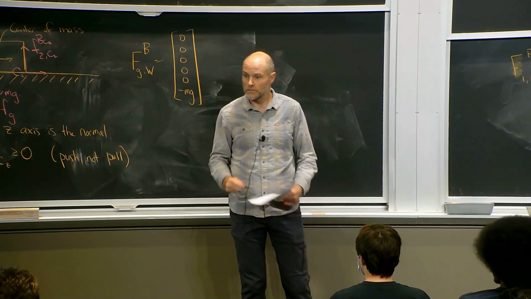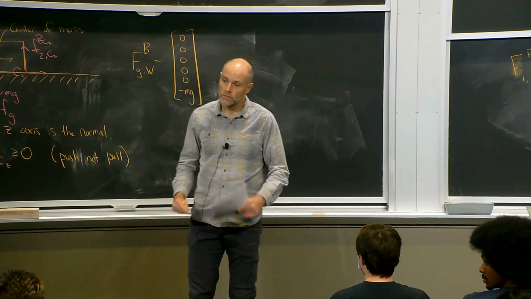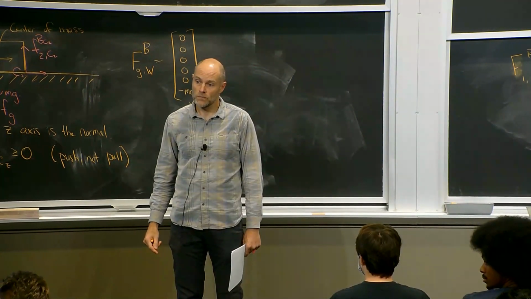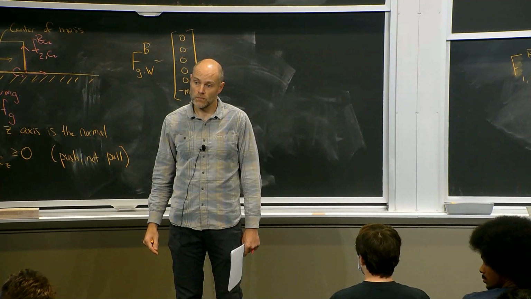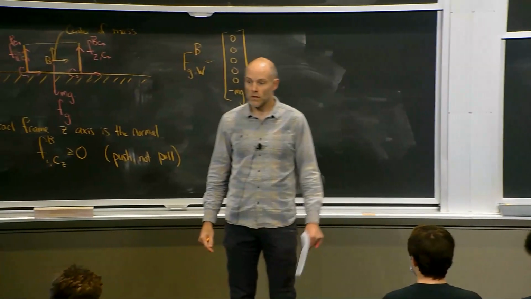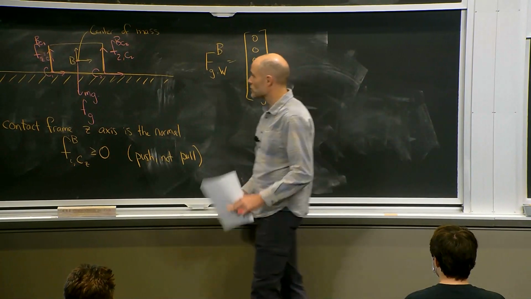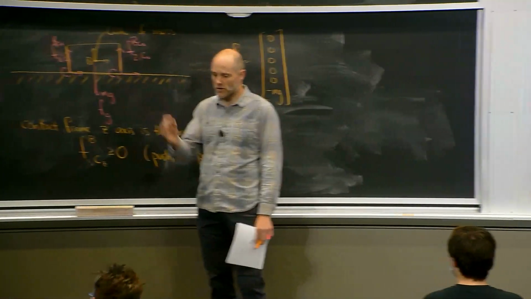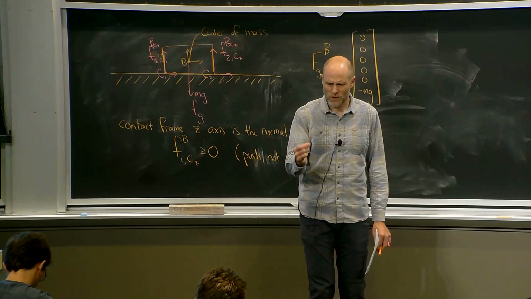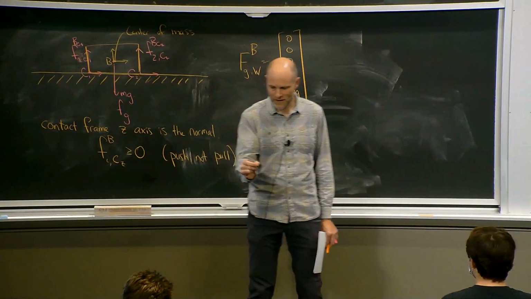Yes? It seems that we are assuming that all the contact forces here are only like 1, 3, or 4. It's also noted that there are something called ordinal contact forces. And how does that work? Yeah, that's a good question. Some simulators, for instance, it's really more of a simulator thing than a math thing.